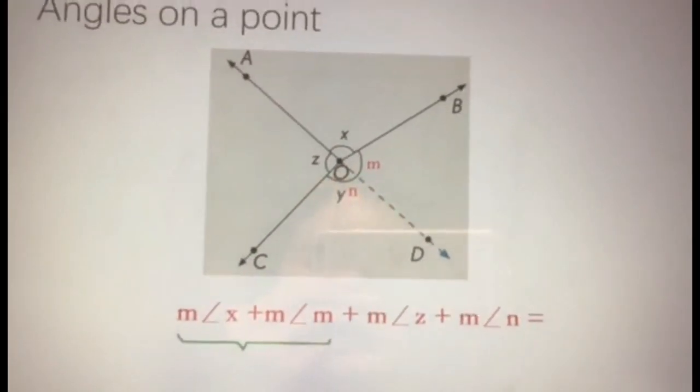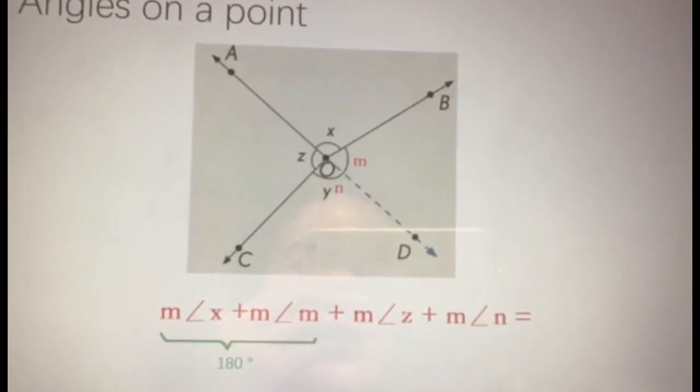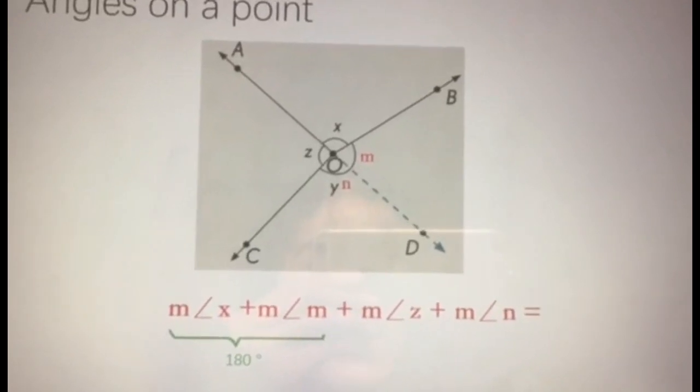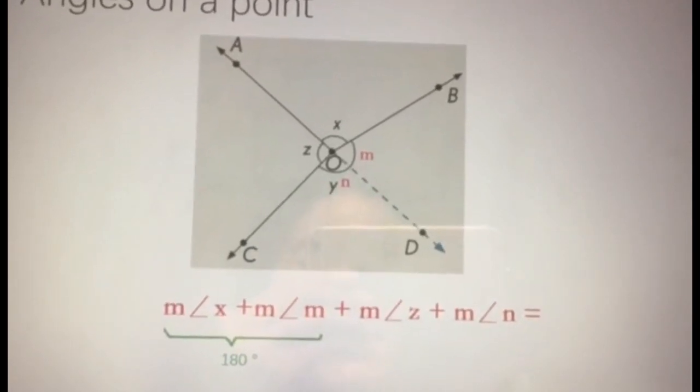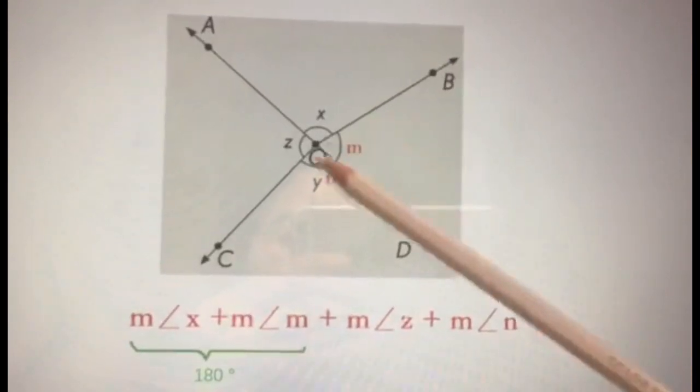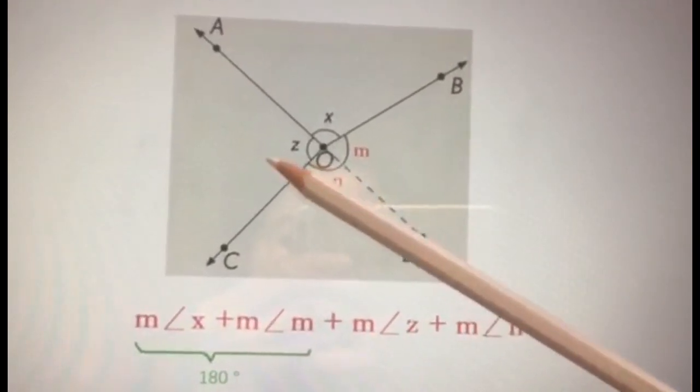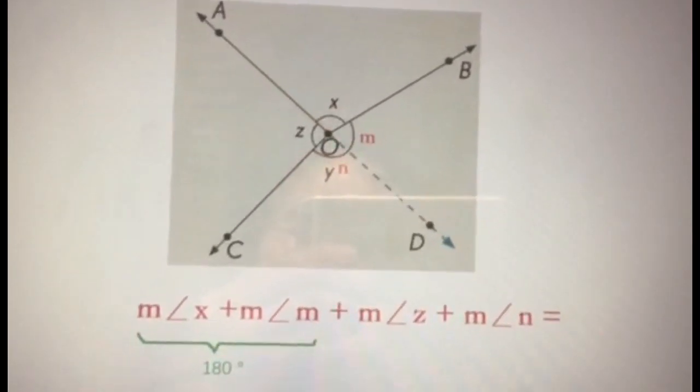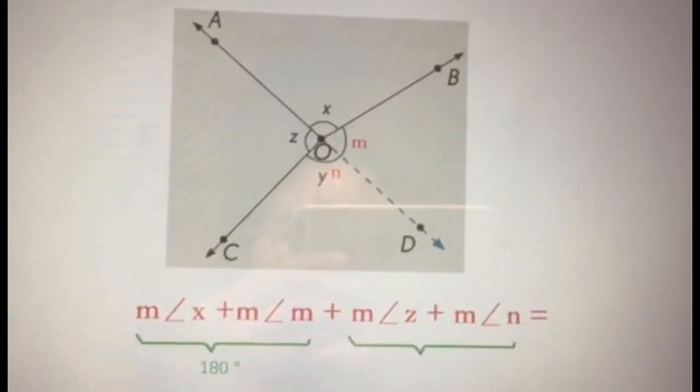So we would be so sure that M and X measure up to 180 degrees. And the same thing with angle Z and N. They are also angles on the line AD. So they measure up to 180 degrees too.